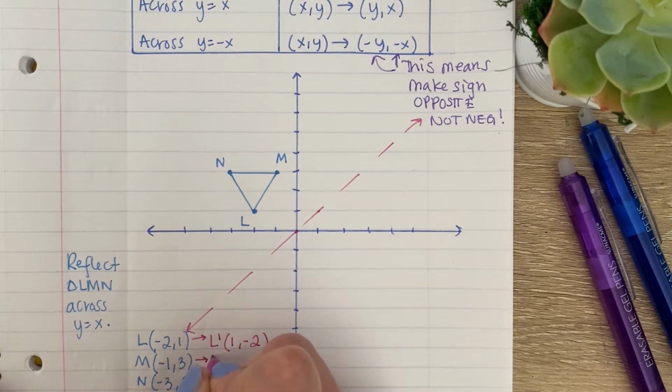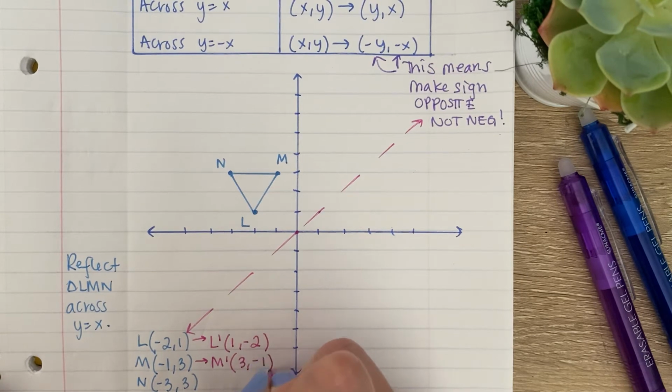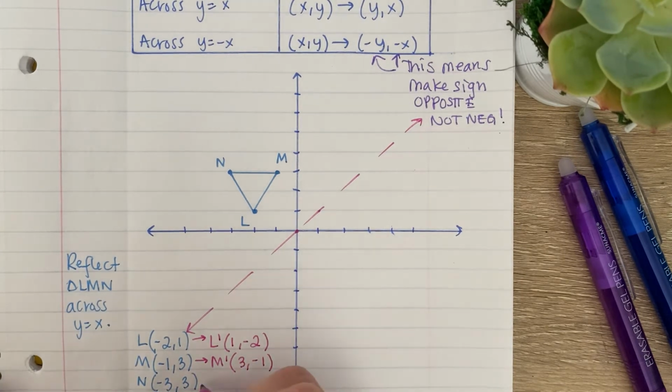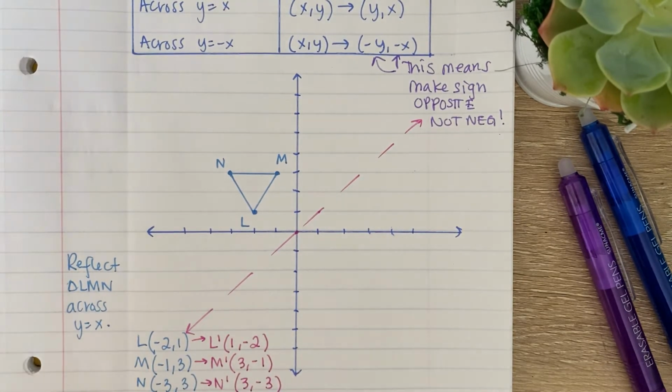Our M prime would be 3 comma negative 1. And our N prime would be 3 comma negative 3. Notice how I left the numbers just as they are. I just flipped the numbers. I didn't change any sign on anything.